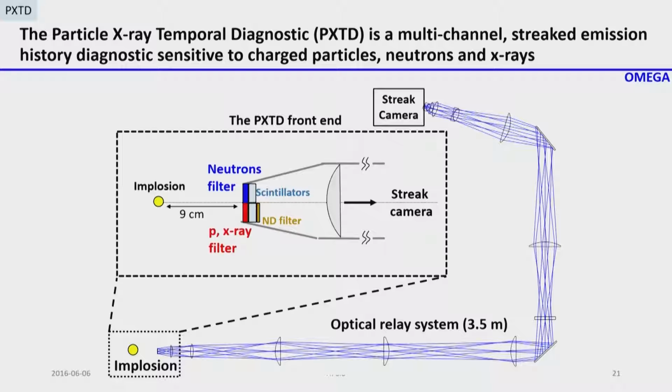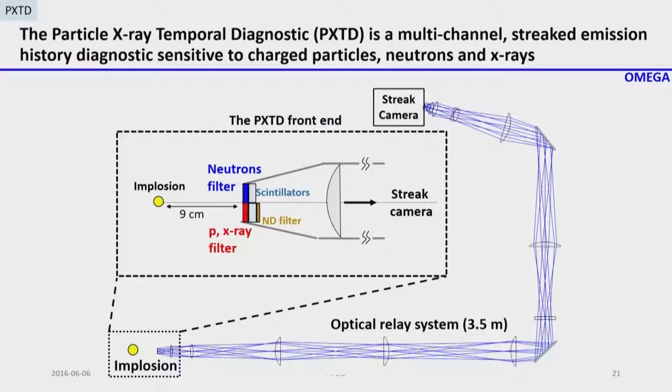So, enough motivation. Let's talk about the diagnostic now. The particle X-ray temporal diagnostic is a multi-channel streak emission history diagnostic that is sensitive to charged particles, neutrons, and X-rays. So here in this blown up portion in the center, you have the implosions.